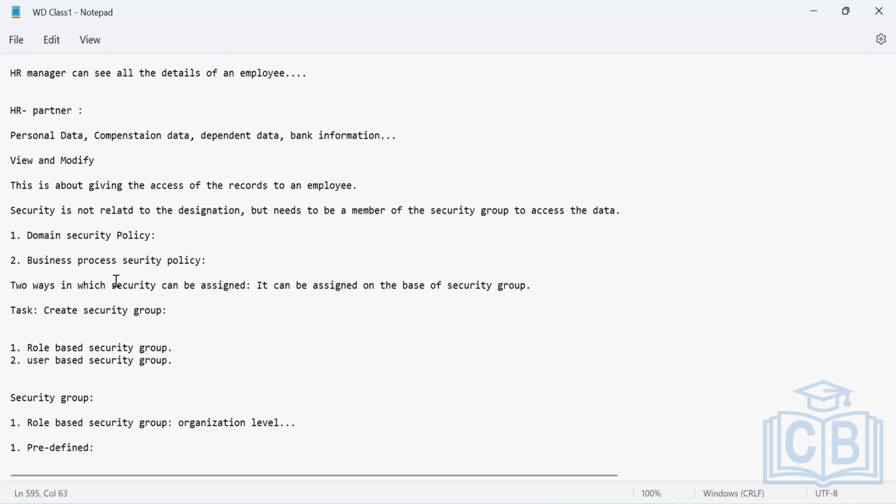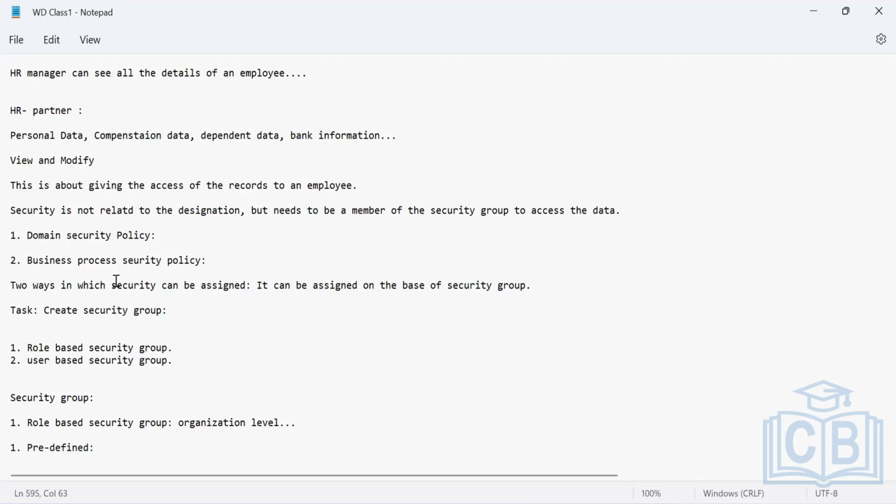Second, for every employee, as per their responsibilities and work, we create a role. As per their role, permissions are also given onto the security groups. What we do is assign the role to that security group. Once you assign the role to the security group, the permissions are inherited by the role.